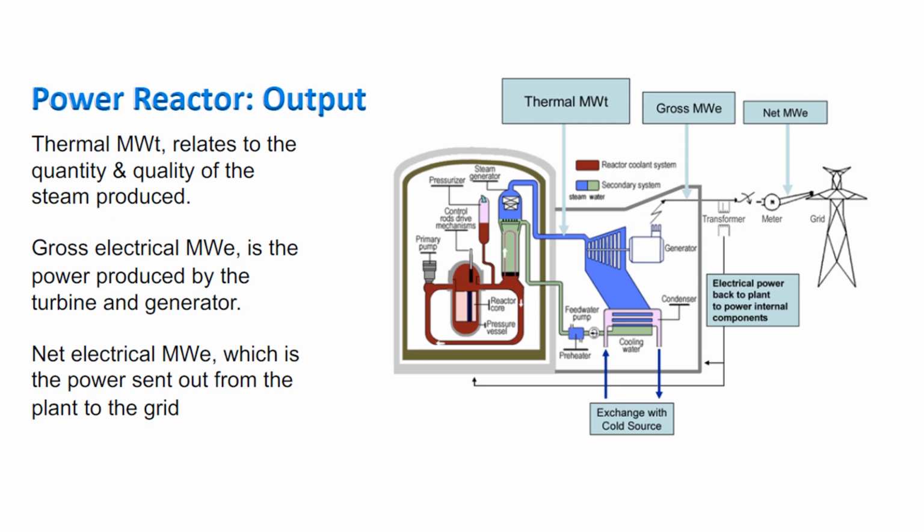What is actually important here is the net electrical MWe, because this is the actual energy that we are going to use in powering your neighborhood. So this is again the power sent out from the plant towards the grid. So you have megawatts thermal, gross electrical MWe, and then net electrical MWe.